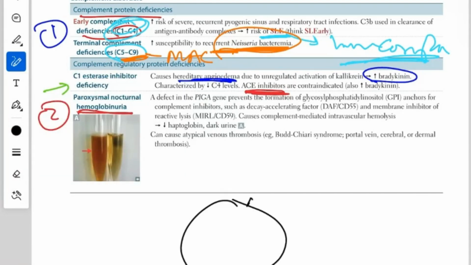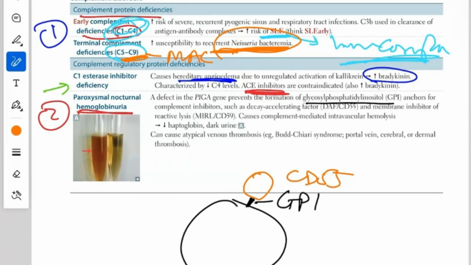So it codes for this GPI, glycosyl phosphatidylinositol. What's the function of this GPI? This GPI helps to anchor your CD55 that we mentioned earlier. It helps to anchor it on the cell surface, particularly of red blood cells. And remember, we said CD55 protects the cell, like red blood cells, against complement proteins.